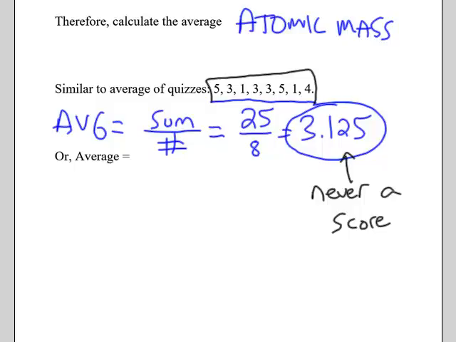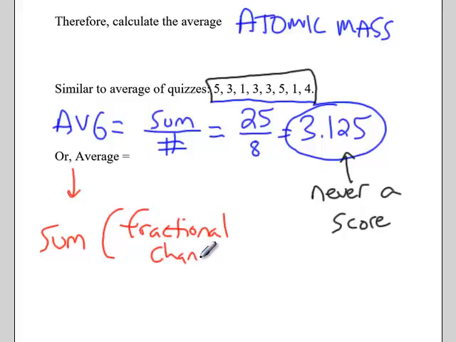So an alternative way to calculate the average is you take the sum of all of the fractional chances and then multiply that by whatever the value is.